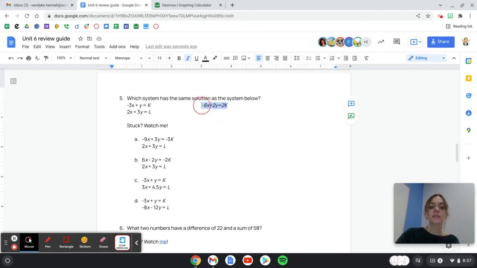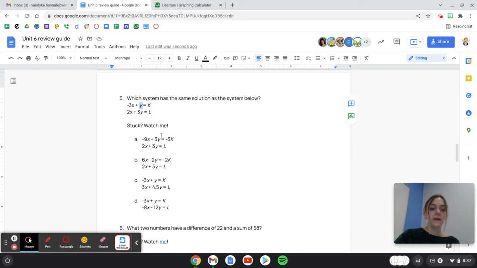So what we're going to do is see if we can find if these equations have the same solution, meaning we're multiplying by the same number. So if I'm comparing this equation to this equation, I need to see if I'm multiplying by the same number. I have negative 3x, and then I go to negative 9x. So that means I'm multiplying by 3.